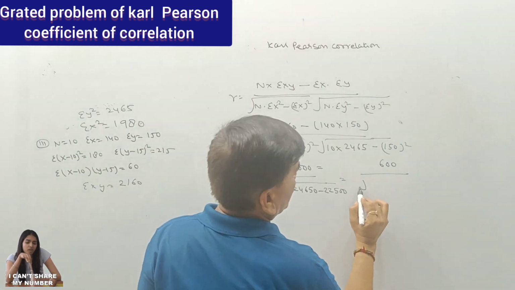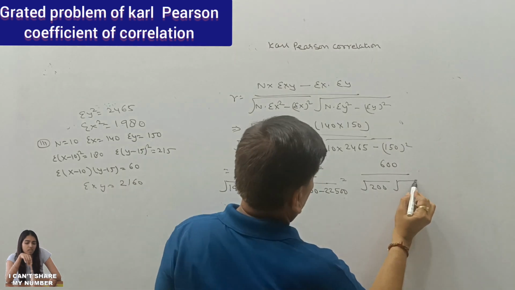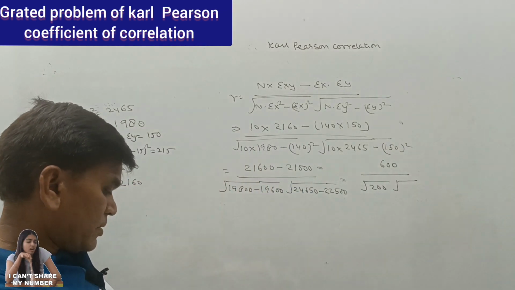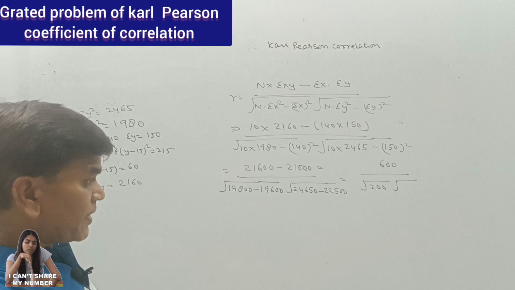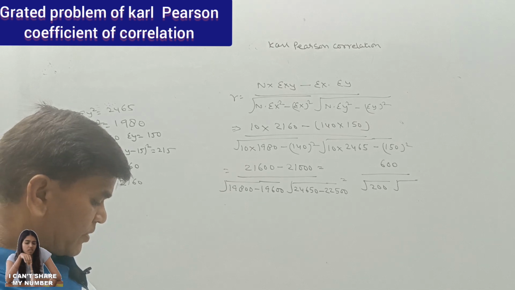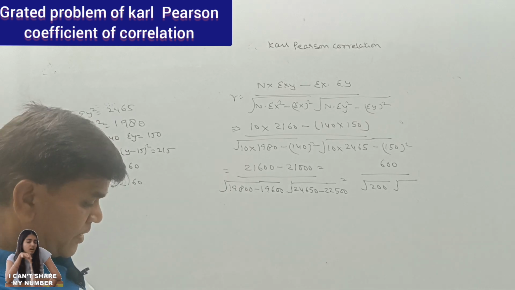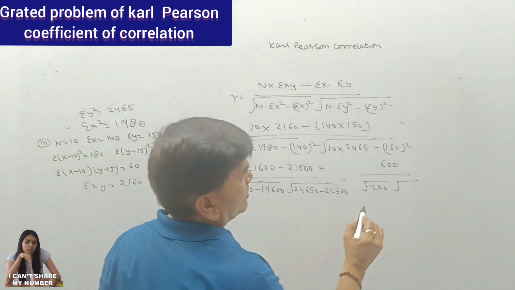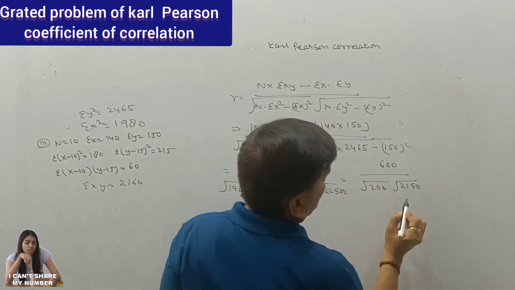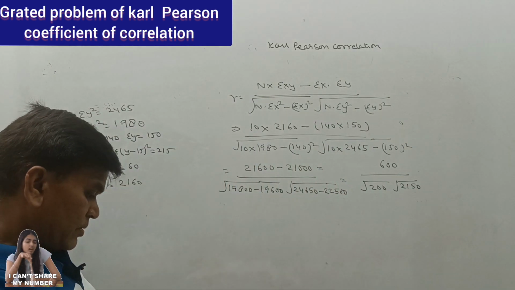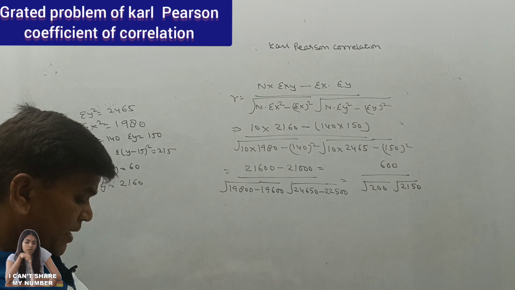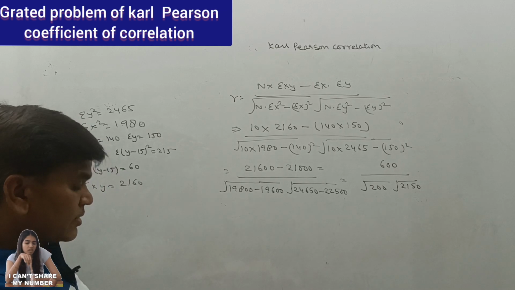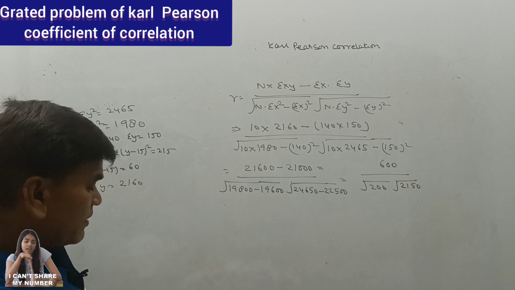In first there is 200, 24650 minus 22500, that is 2150. So 2150 multiply by 200 equal to under root 65574.